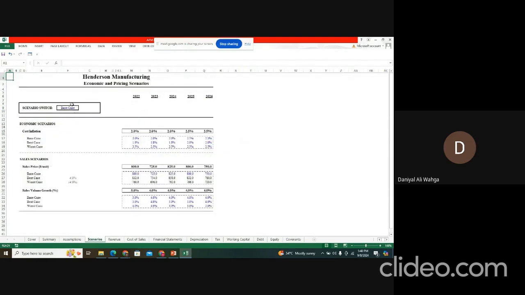Similarly it goes for my scenario cases. I look at my base case, my best case, and some other cases. My cost inflation, my price increases.